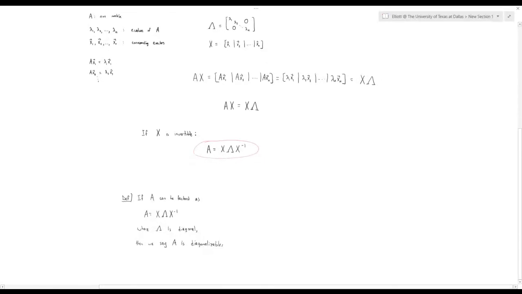So if matrix A can be factored as such, with a diagonal matrix in the middle, then A is diagonalizable.